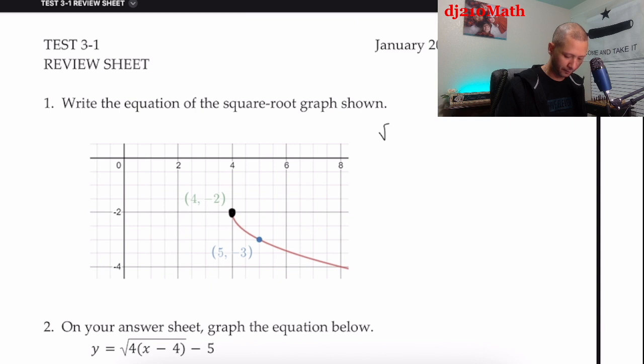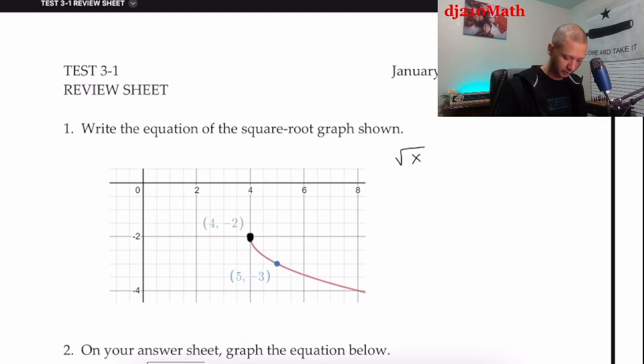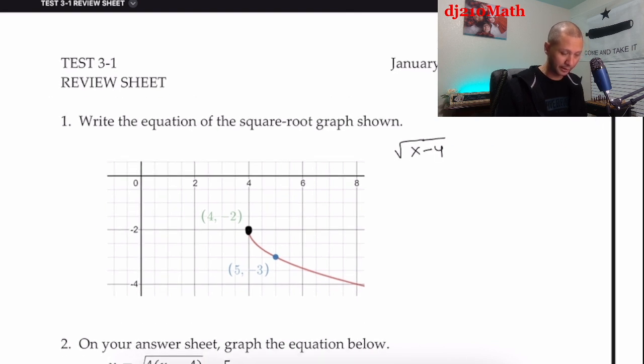I know the parent function looks like this, and to the right, it's inside, right? Because any horizontal left to right movement is attached inside to the x, and it's going to be opposite of what we think. So right is going to be negative 4. So x minus 4.